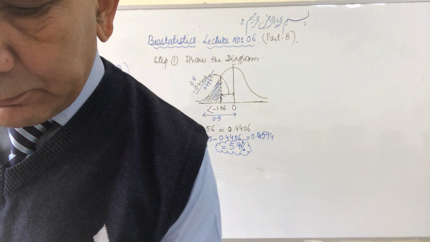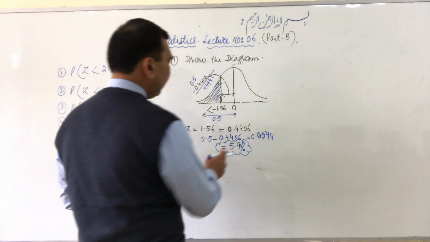Then we multiply by 100, and it will be 5.94%.